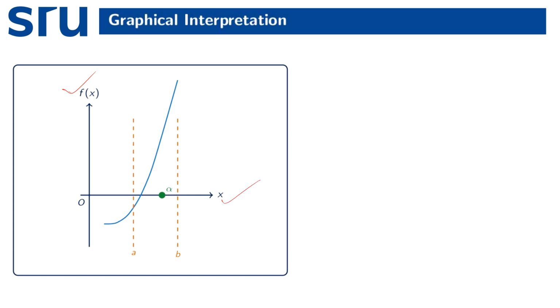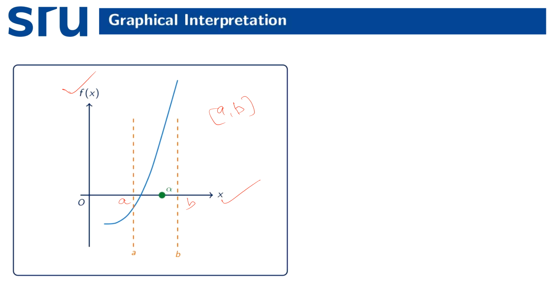The curve you see here represents a function. Now try to observe that we have two points on the x-axis, A here and B here. These two points define the interval (A, B).